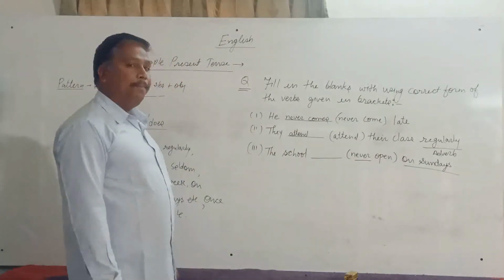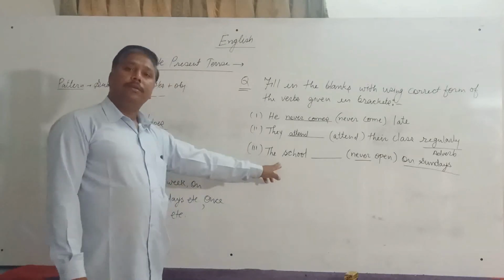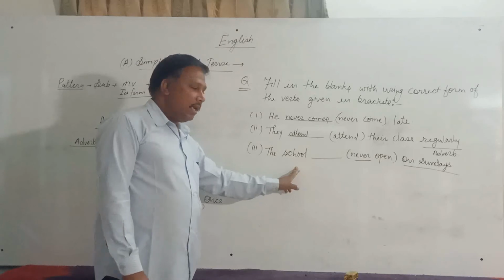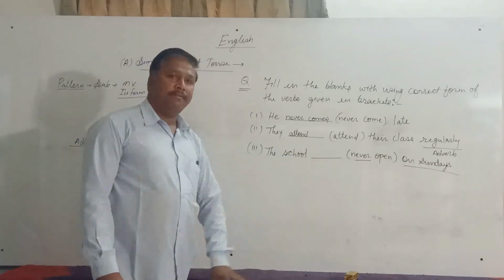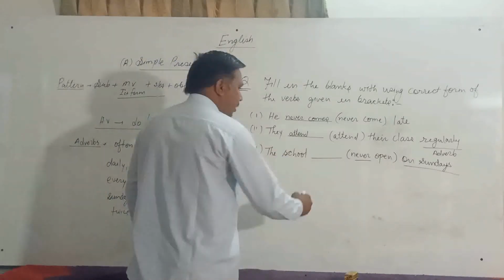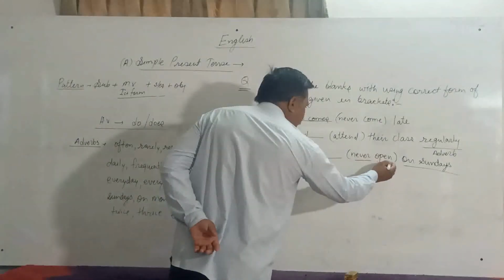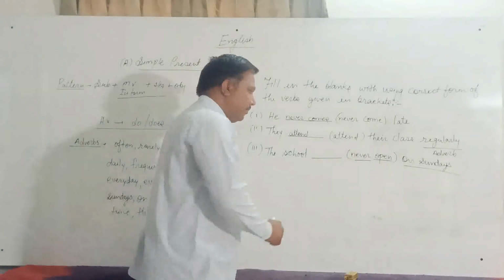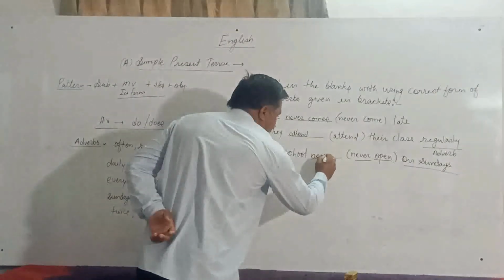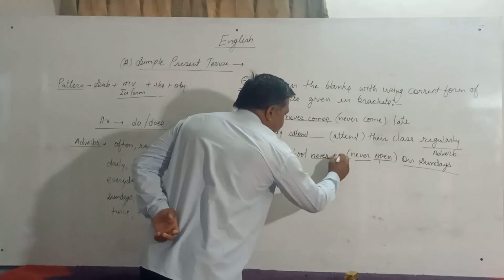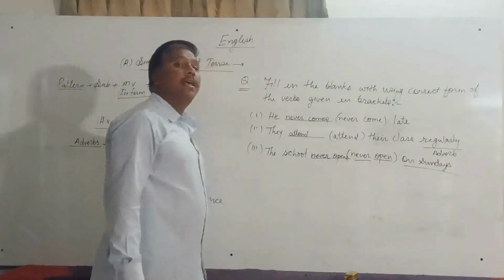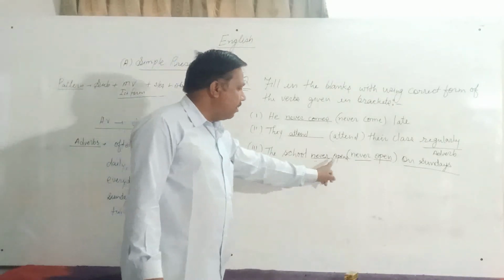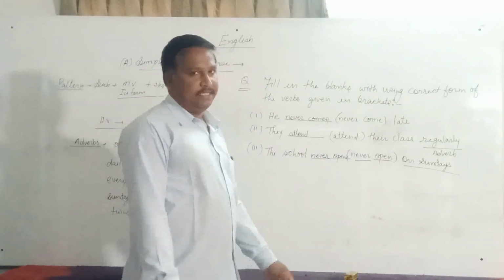So we will apply here the pattern of a simple present tense sentence. This is our subject. After the subject, we have to apply the main verb in first form, which will appear here with this adverb. So never opens. S or es will come here as our subject is singular. The school never opens on Sundays.